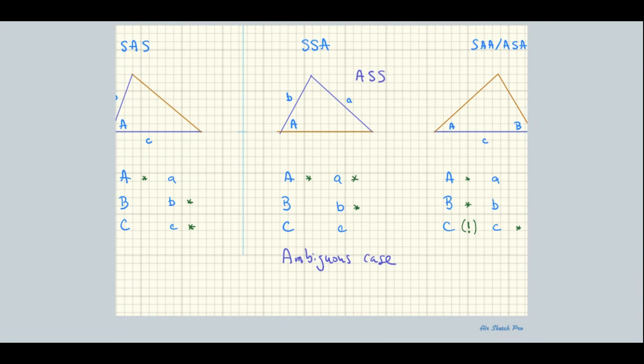For some reason or other that I just can't figure out, even though it's most natural to think of it for the ambiguous case as angle, side, side, for some reason that never shows up in textbooks. I have no idea why. So that's the case that you have to watch out for, all right? I don't know why they reversed that, but there it is.